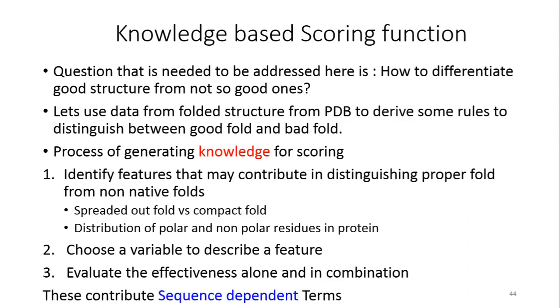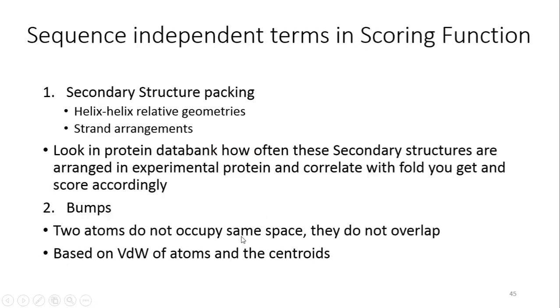Therefore, we term such features that depend on the sequence of amino acid residues as sequence dependent features, and we have discussed two of them. Along with sequence dependent terms, Simons and Baker also used some sequence independent terms like secondary structure packing, bumps, and compactness.